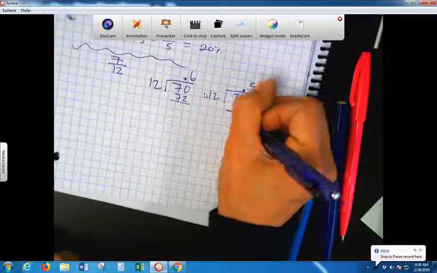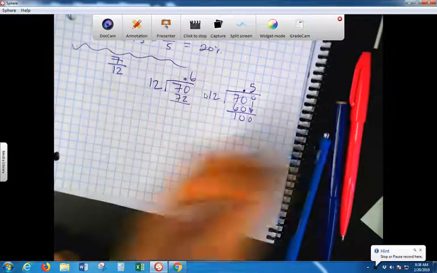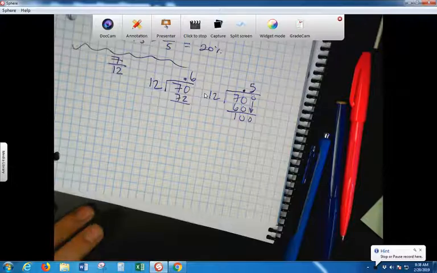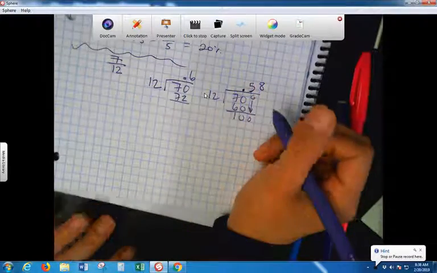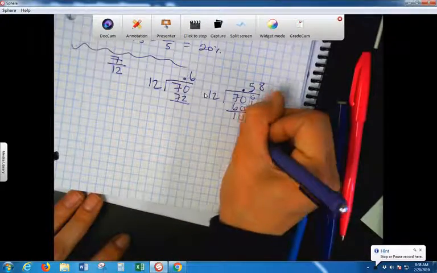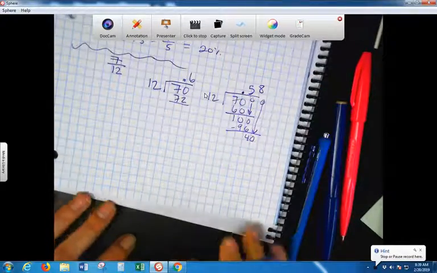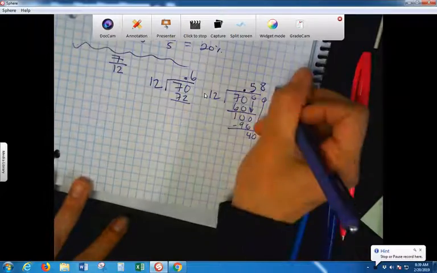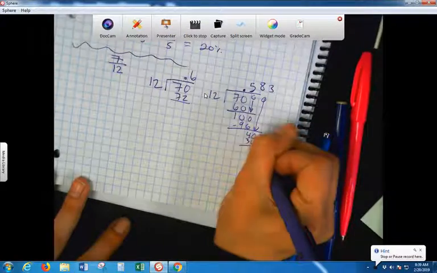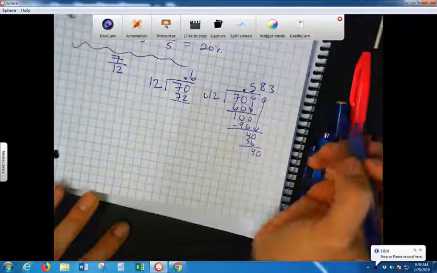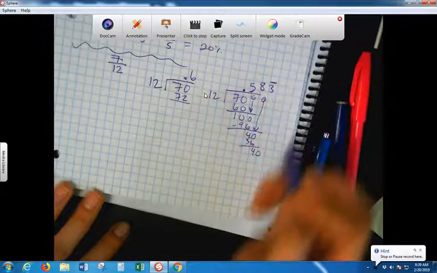Remainder 10. Add the 0, bring it down. How many times does 12 go into 100? 8. 8 times 12? 96. Remainder 4. 0. Bring down one more. How many times does 12 go into 40? 3. That gives you 36. Remainder 4. Oh, what's going to keep happening? It'll repeat, right? The 3 is going to repeat. Okay, so here's my decimal.